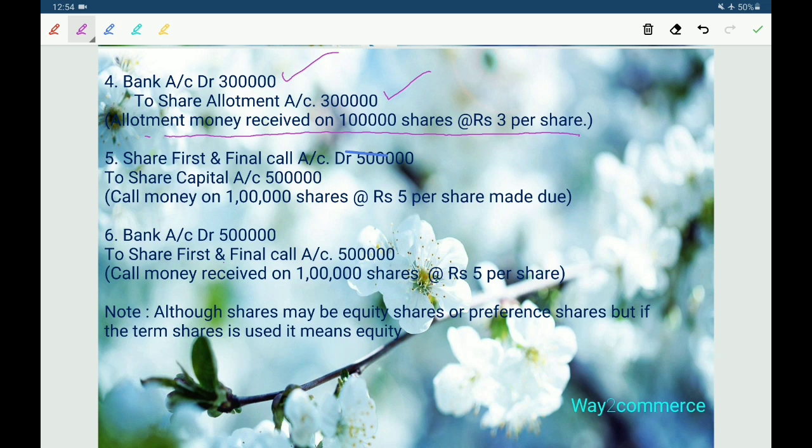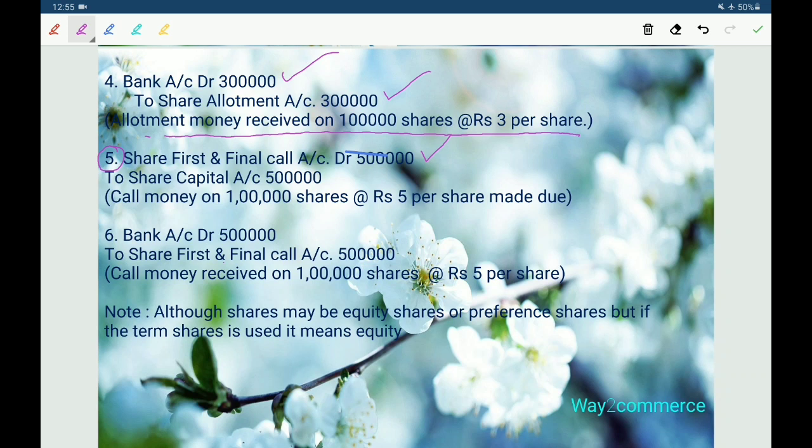Okay. Next, fifth journal entry, share first and final call account due entry. First of all, make it a debit, because we debit the receiver. So share first and final call account debited to share capital account. What is the share first and final call amount? 5 rupees.